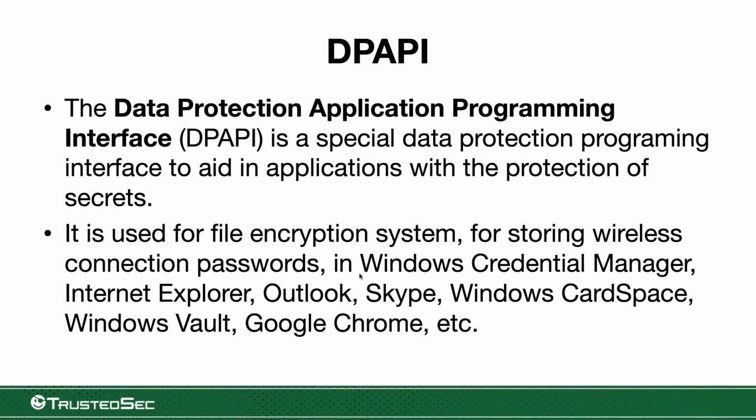Google Chrome uses DPAPI to encrypt passwords, and Skype uses this to encrypt credentials in a SQLite database. So it's used in many ways, DPAPI. We can find multiple things using this.